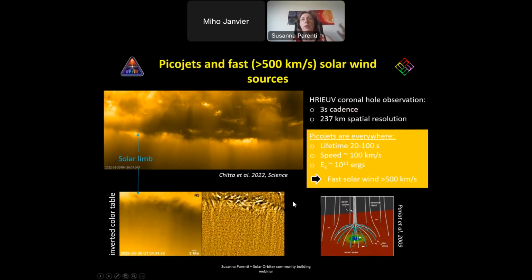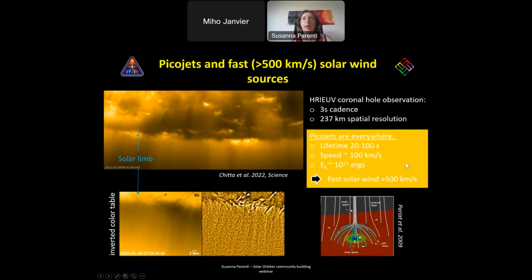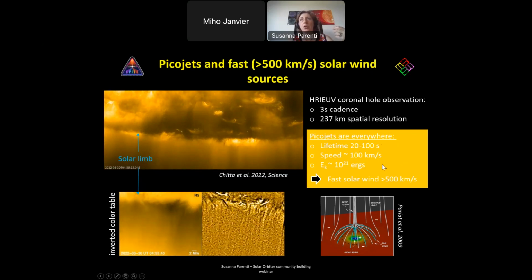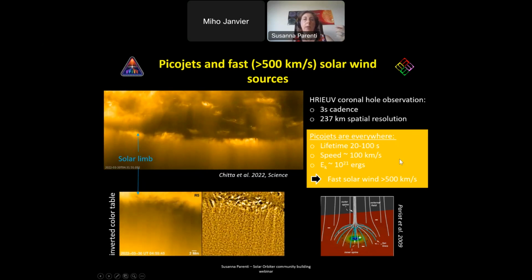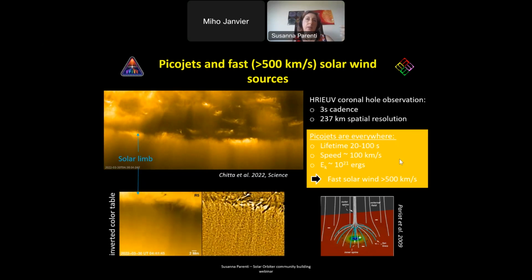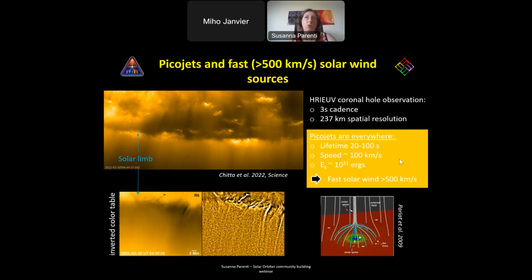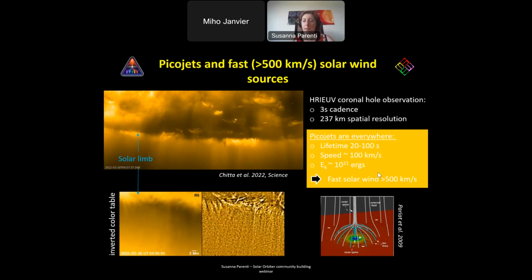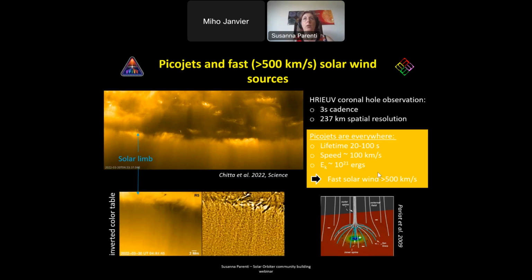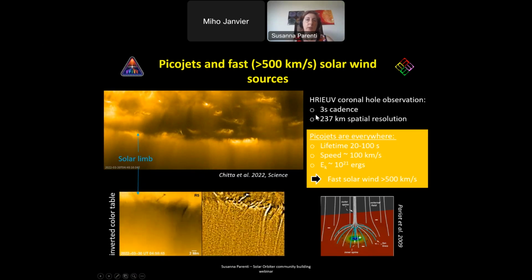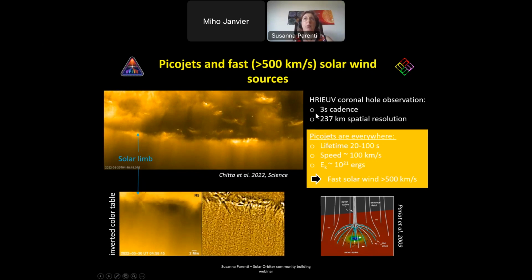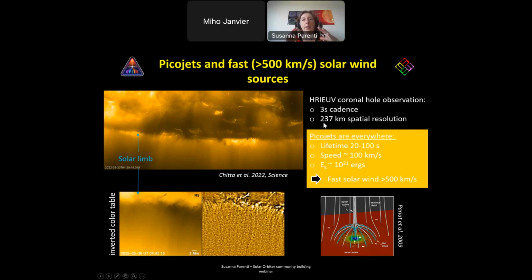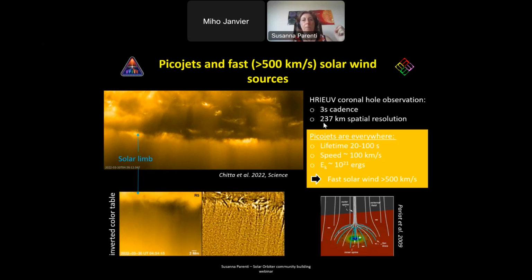So he, again with a statistical study, provided a lifetime, a speed, and an energy, and in particular with the speed, he made the strong conclusion that these are indeed good candidates for the fast solar wind that is measured in situ. As you see, these are high cadence, 3 seconds, with a spatial resolution of about 200 kilometers. So we are really playing at the limit of the resolution of the instruments.